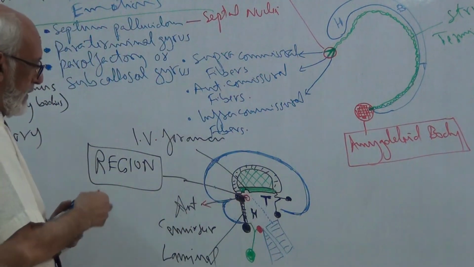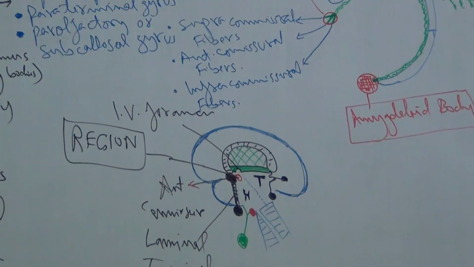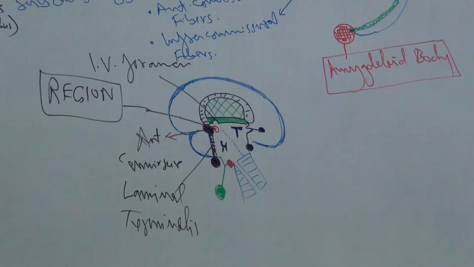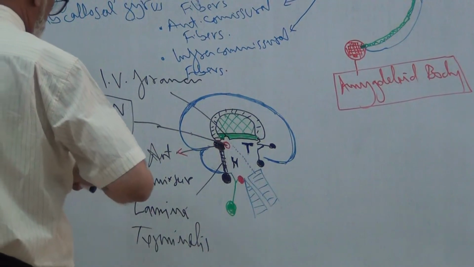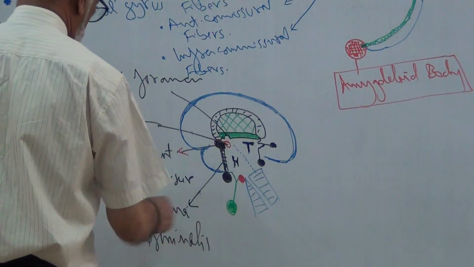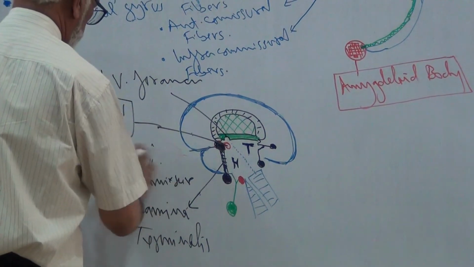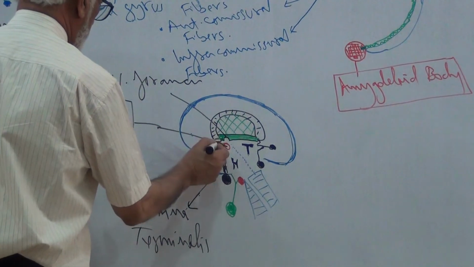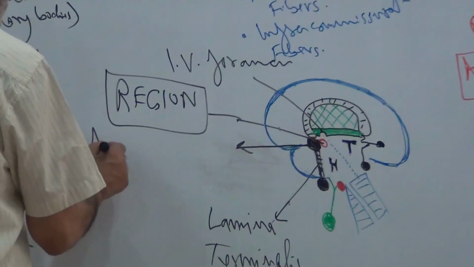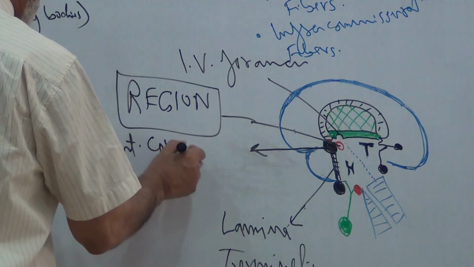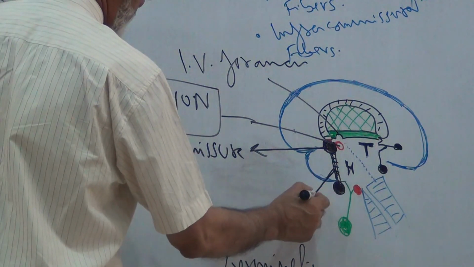Paraterminal gyrus. Now one can see the lamina terminalis. And this is the anterior commissure. And this is the lamina terminalis.